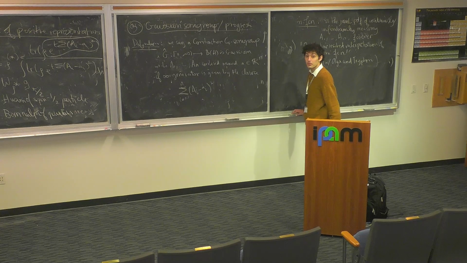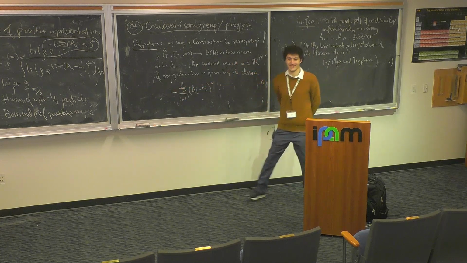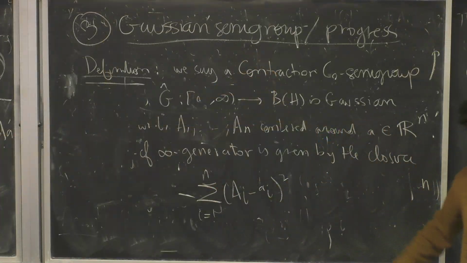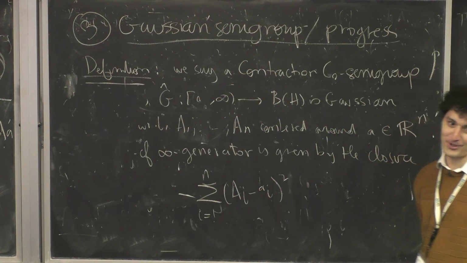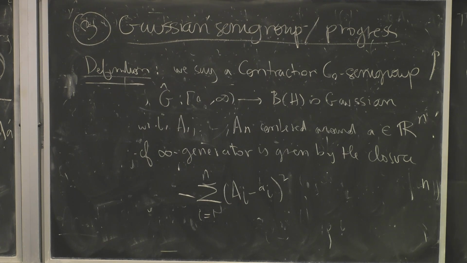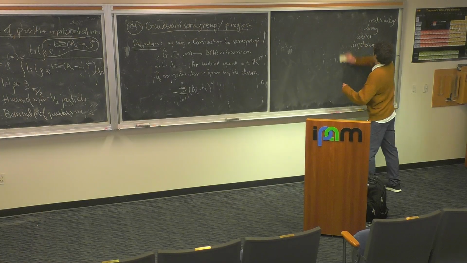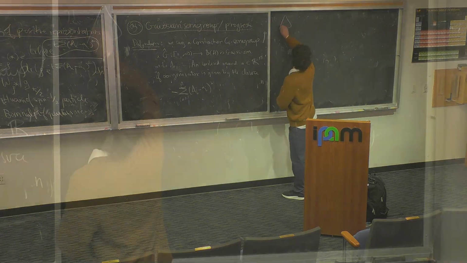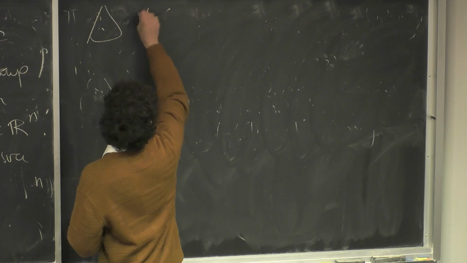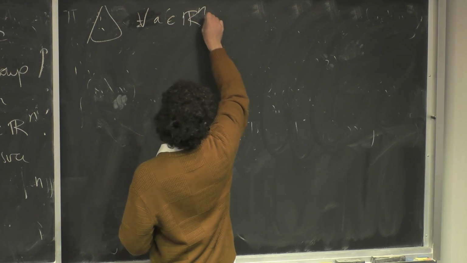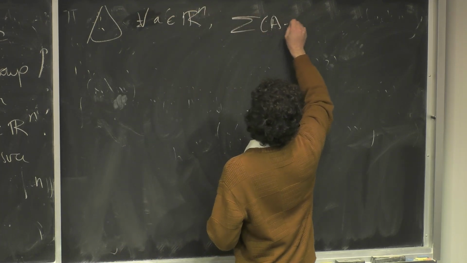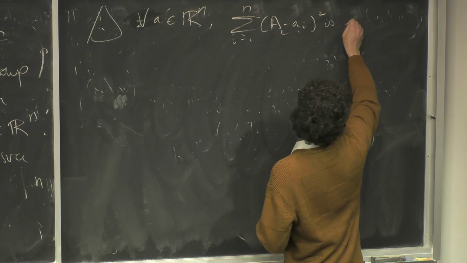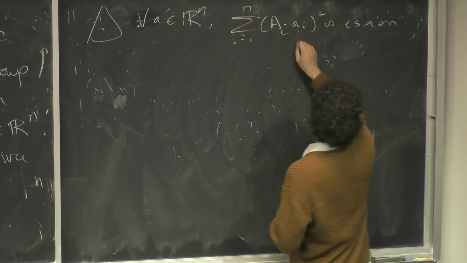Yes, some accretiveness is required. It's set up so that the generator is a negative self-adjoint operator. Thank you. So as a disclaimer, I will assume that for any a, this expression is essentially self-adjoint on a common dense domain.